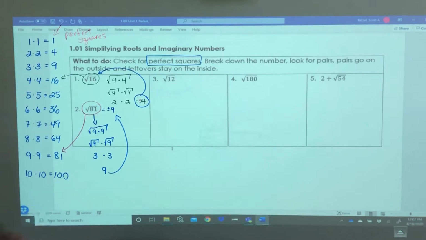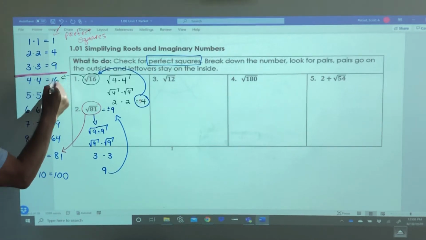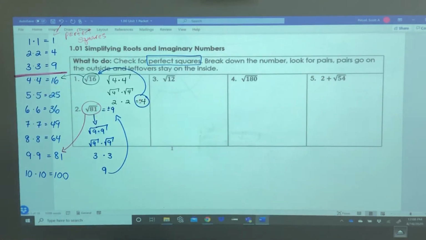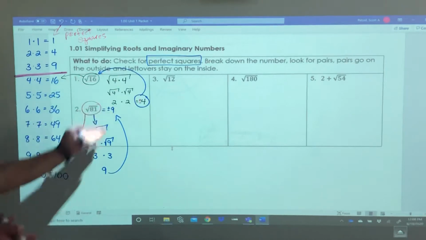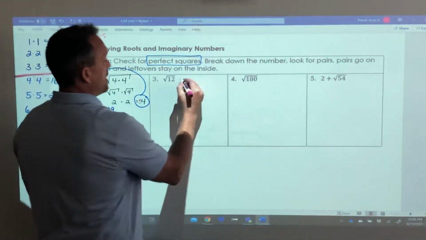Now, when we get to number 3, square root of 12 is not in here. That's in between 9 and 16, but there's no number that I can multiply by itself that gives me the square root of 12. So we have to split it up. And that's why I showed you this split up system originally, because it makes sense now.